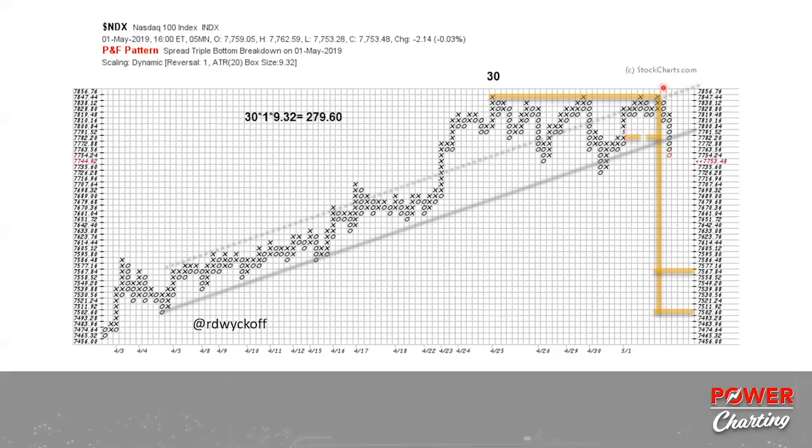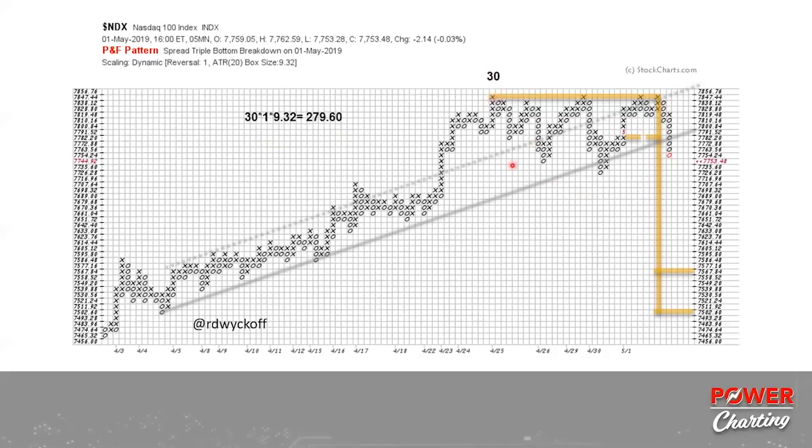Okay, so this count here to here, 30 columns, one box reversal, so 30 times 1 times 9.32, which is the ATR scaling, gives us an objective of 279.60. This count, we were surmising at the time, may not be a completed count.